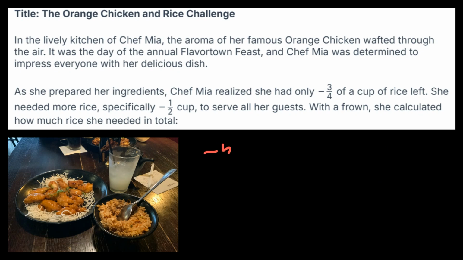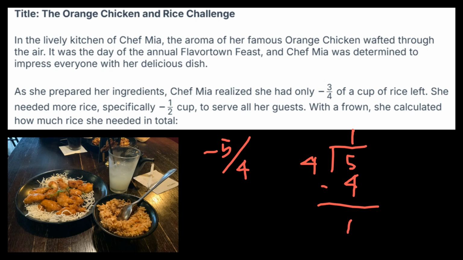Disregard the sign again. So divide 5 by 4, 1. 1 times 4 is 4. 5 minus 4 is 1. So that is actually equivalent.